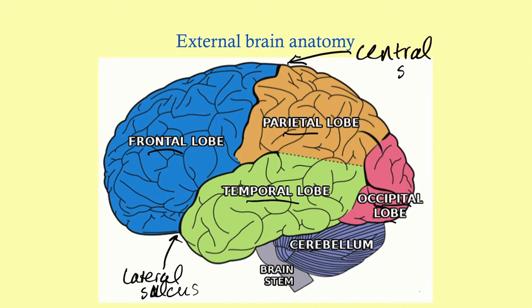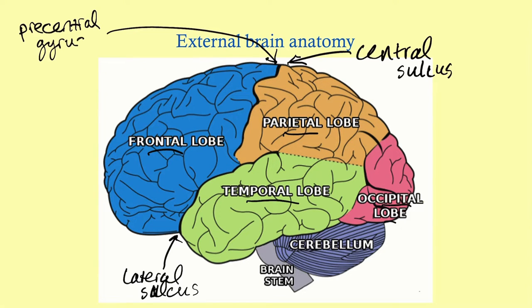Now that's going to be pretty important because on either side of the central sulcus we have gyri. In front of the central sulcus, we have the precentral gyrus.